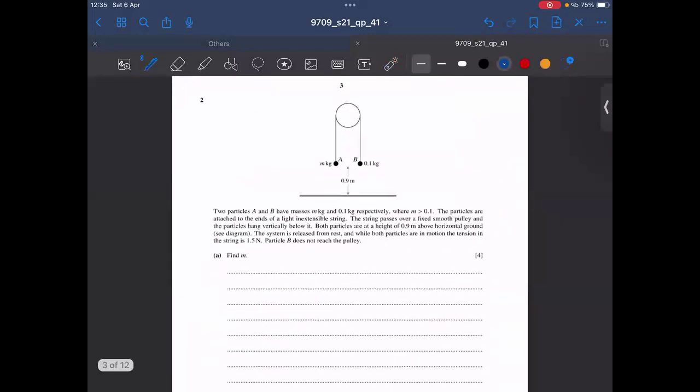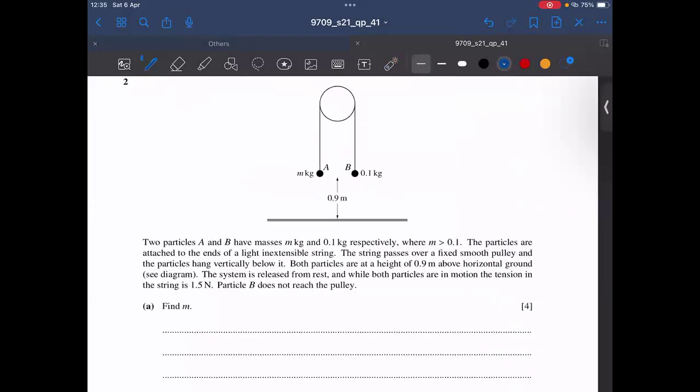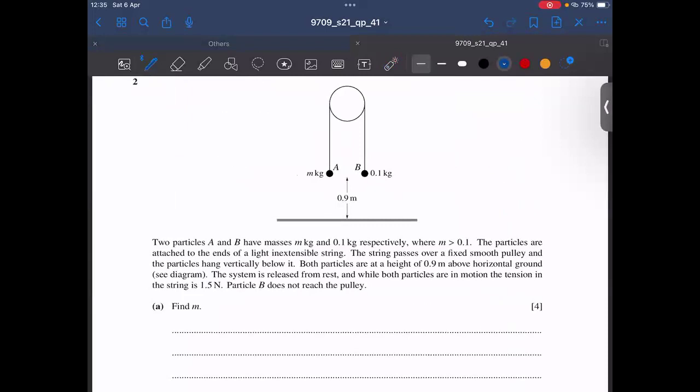Now, two particles A and B have masses M kilogram and 0.1 kilogram, and M is greater than 0.1. If M is greater than 0.1 and the system is released, M is going to be moving downwards while B is going to be moving upwards. The particles are attached to the ends of a light inextensible string.